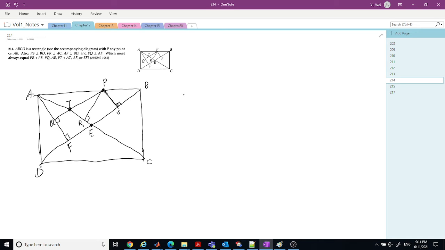So what we want to see, okay, so PR plus PS is equal to which length? So let's see the PR and the PS, okay? So PR is here and PS is here. So now let's see.